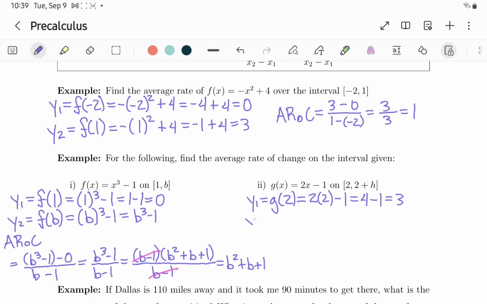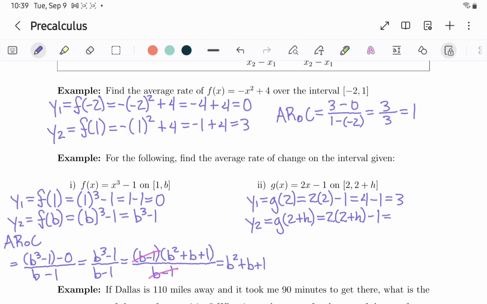So that's our y sub 1. For our y sub 2, this is going to be equal to g of 2 plus h. And so this is equal to 2, and then in parentheses, we're going to put 2 plus h in there for x, and then minus 1.